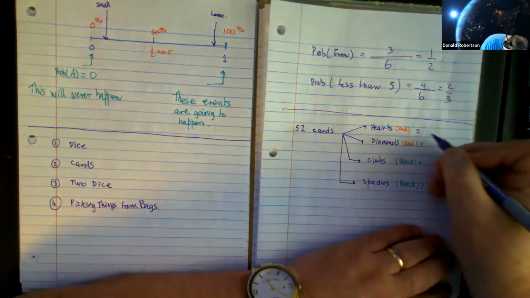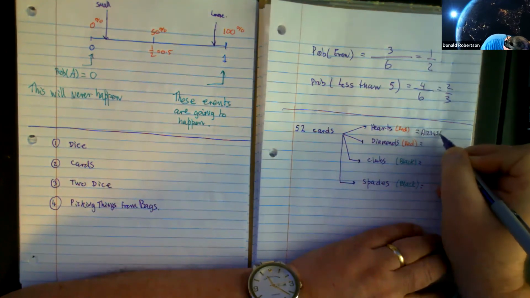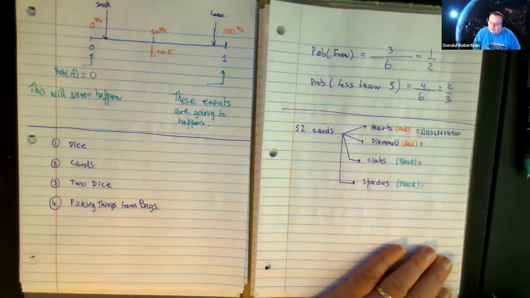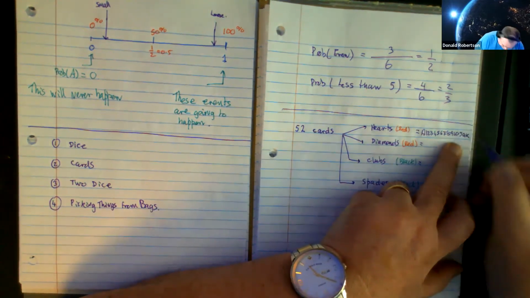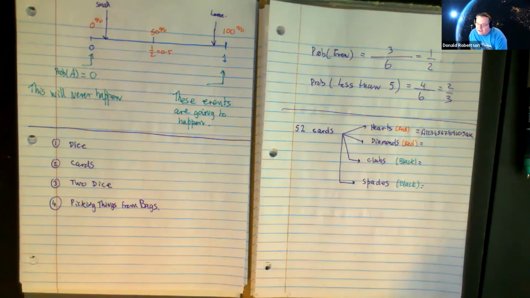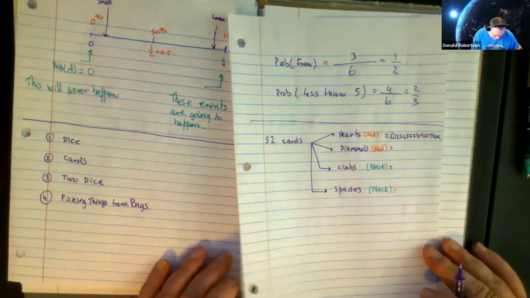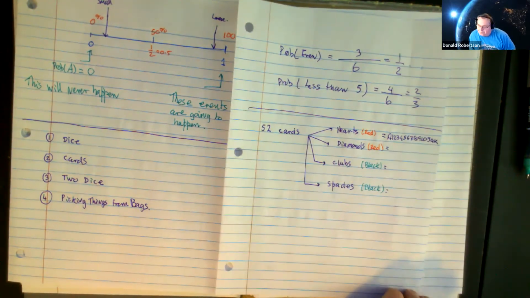And the cards are called ace, 1, 2, 3, 4, 5, 6, 7, 8, 9, and 10. And then you finish with jack, queen, and king, right? So in a normal deck of cards, the 13 cards in each suit are an ace to a king.